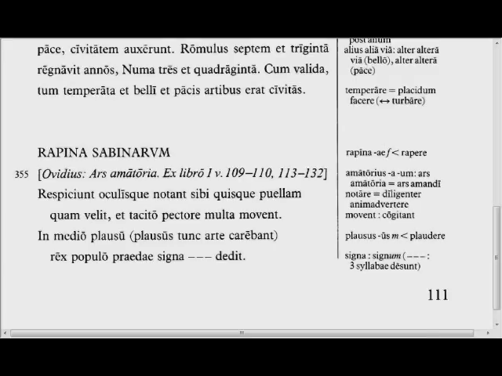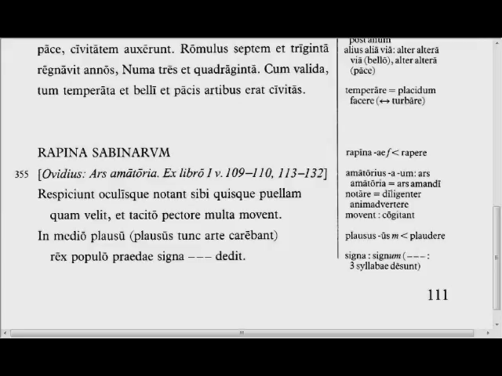The pentameter verse is used for elegiac poetry like this, where you have one line of dactylic hexameter followed by a line of pentameter.